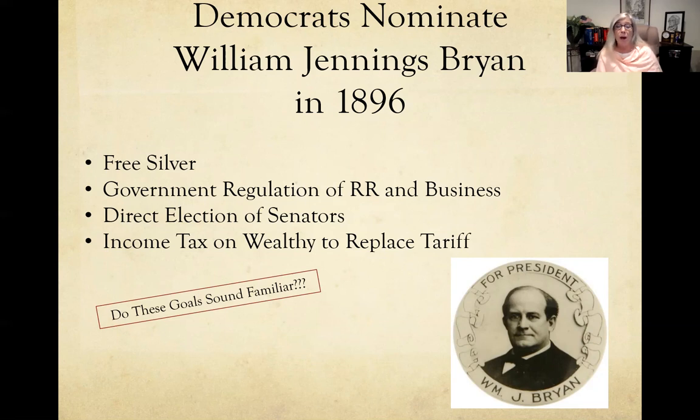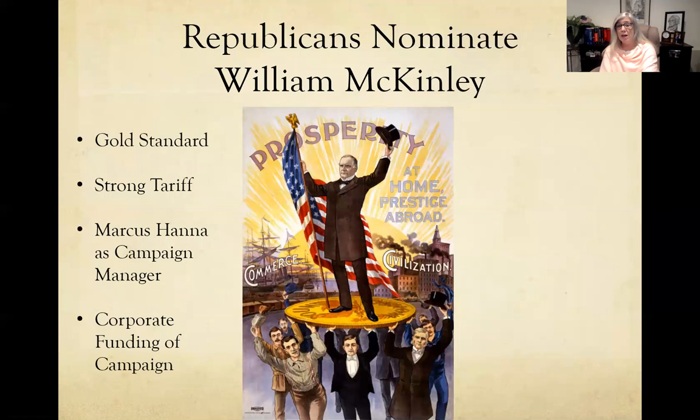Look at these policies. If you were a Republican and a big business owner, you would hate the idea of free silver. You certainly don't want the government to come in and regulate your business and tell you anything about your production and your prices. You certainly don't want to pay any higher taxes. So you're going to do everything in your power to support the Republican nominee, who is William McKinley. And look at what he believes in: the gold standard, of course, because again, he's got the backing of big business.